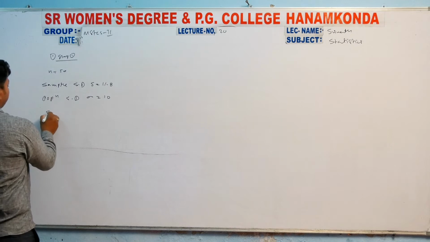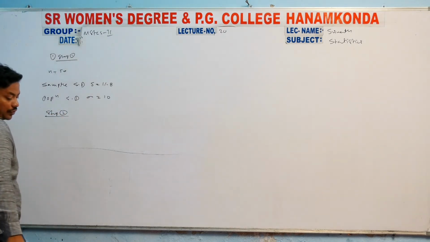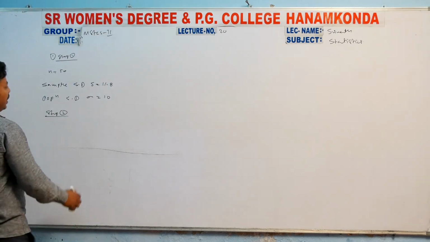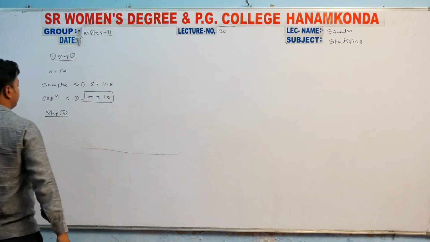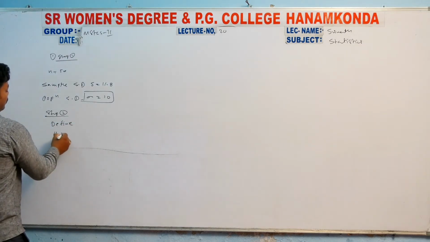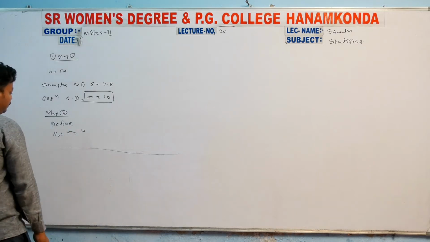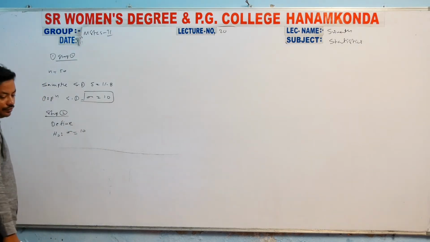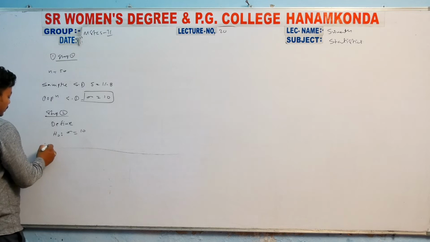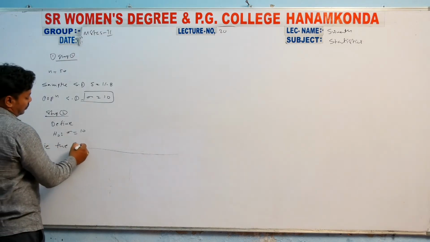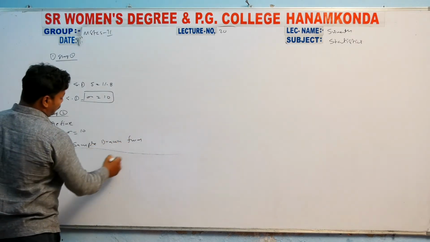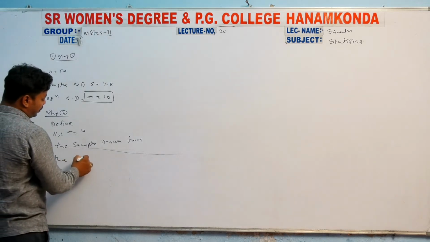Step 2. Define H0: sigma equal to 10, that is, the sample is drawn from the population.